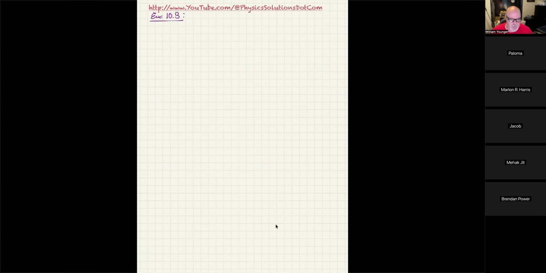Calculate the net torque on this compound wheel due to the two forces shown, each of magnitude 50 newtons. So what we have is RA is equal to 30 centimeters, RB is equal to 50 centimeters.